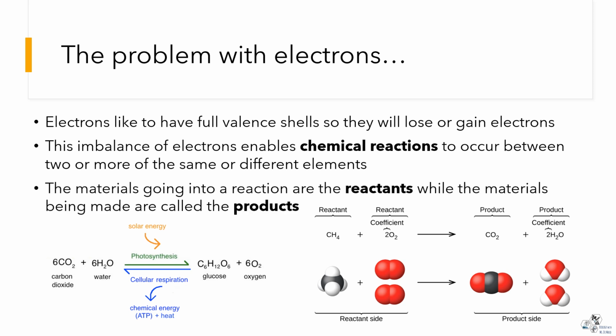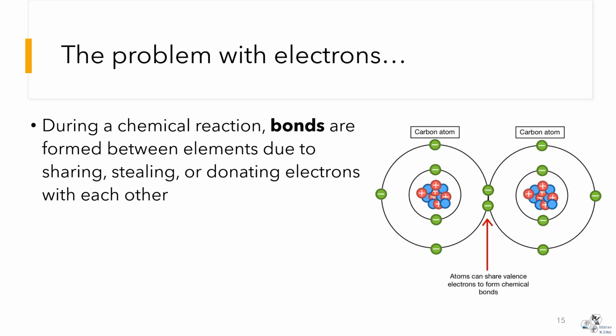So the materials that go into a reaction, right here and right here, those are your reactants, the ones that are going to react with each other. The things that are made at the end are the products. So during these chemical reactions, bonds are formed between the different atoms.